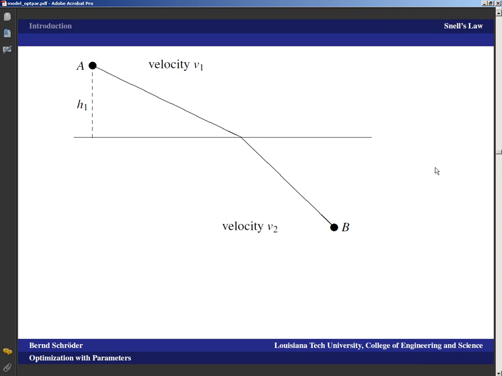Then we have a height h1 above the interface for the point A, a height h2 below the interface for the point B. We have a horizontal distance of d between the 2 points. We've got a horizontal distance of x from the point A to the point where the ray changes from one medium into the other. And, oops, what just came?